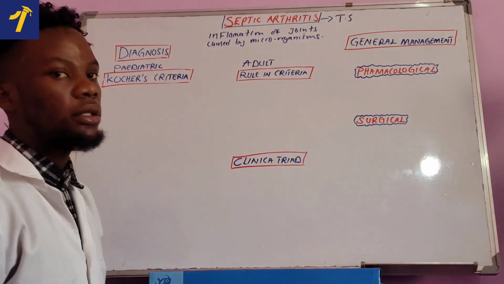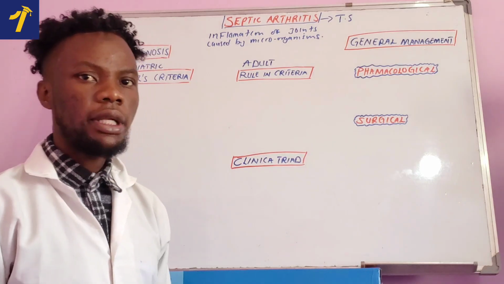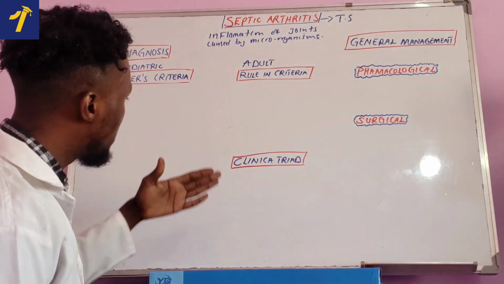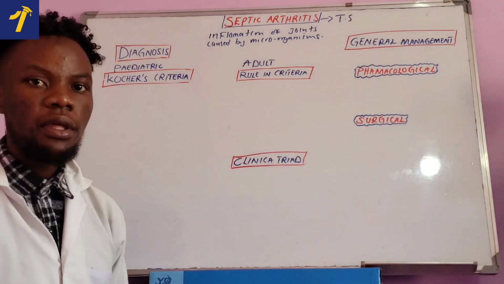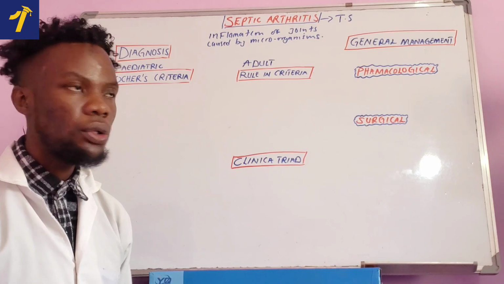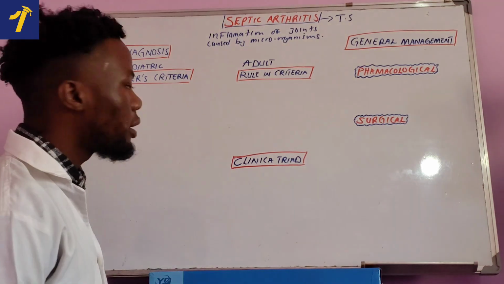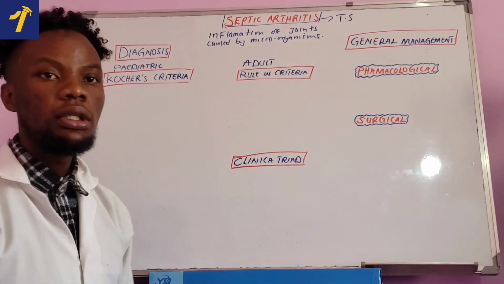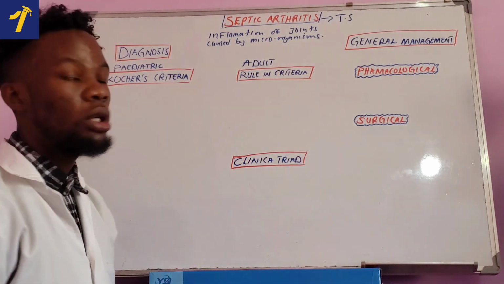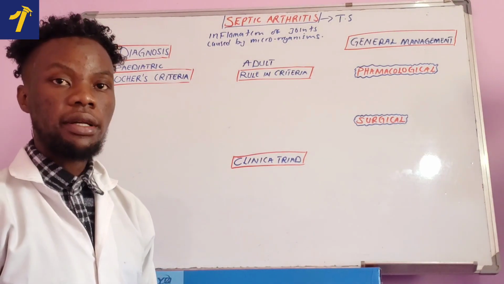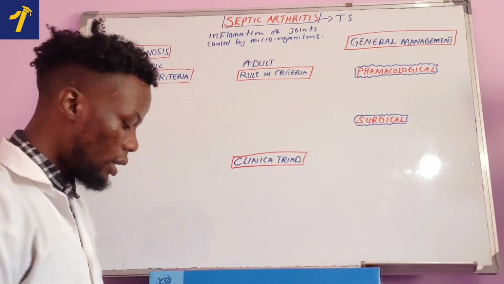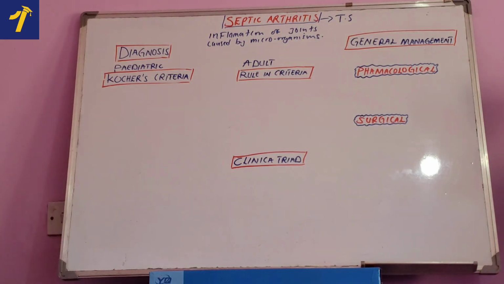But in adults, we don't have that specific criteria, but we use two important things: the rule-in criteria and the clinical triad. These help us to diagnose septic arthritis in adults. All right. So now let us start with Kocher's criteria.